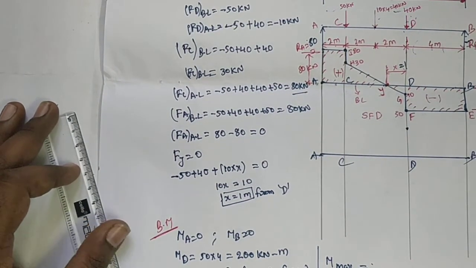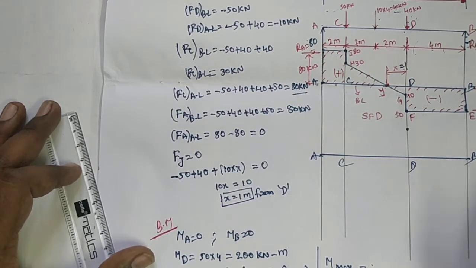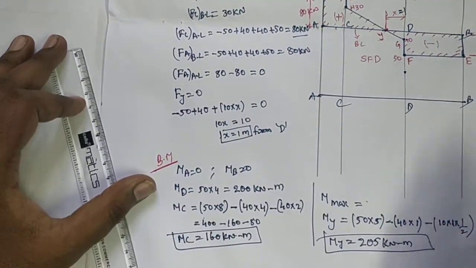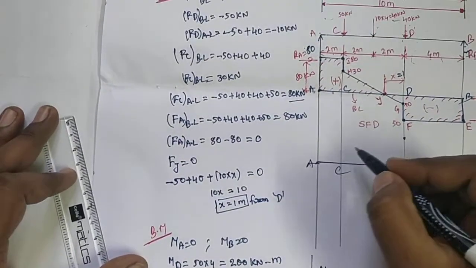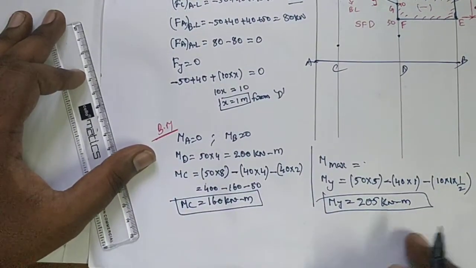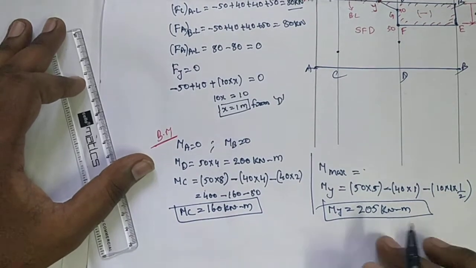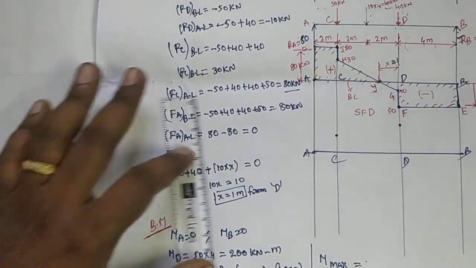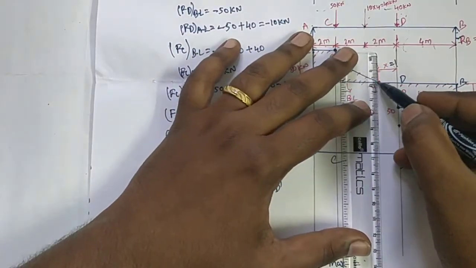Next, bending moment at point C is 160. Next, bending moment at point Y, that is maximum bending moment, is 205, at this point.